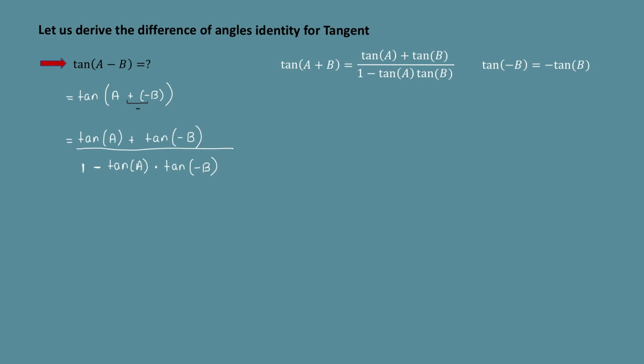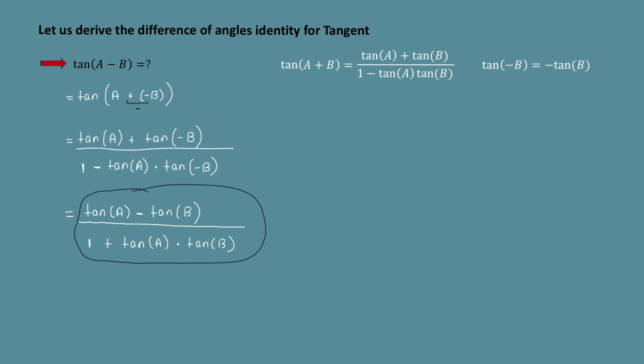So then that means that we're going to have tangent of A minus tangent of B, because tangent is an odd function, divided by 1 plus tangent of A times the tangent of B. And here we have the identity for tangent of A minus B.